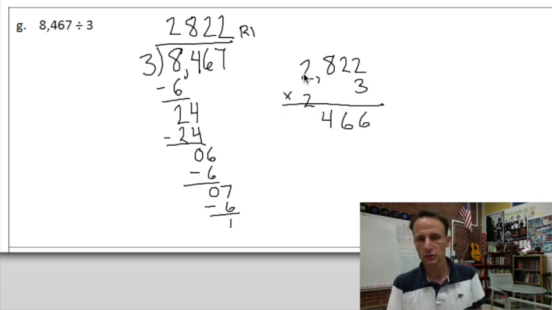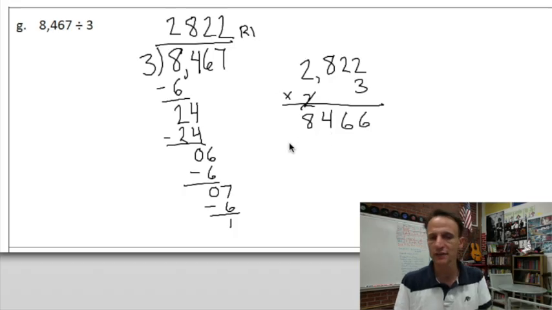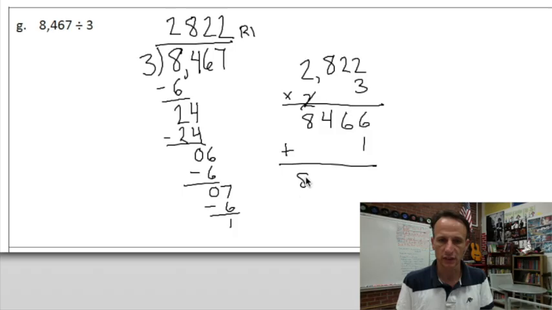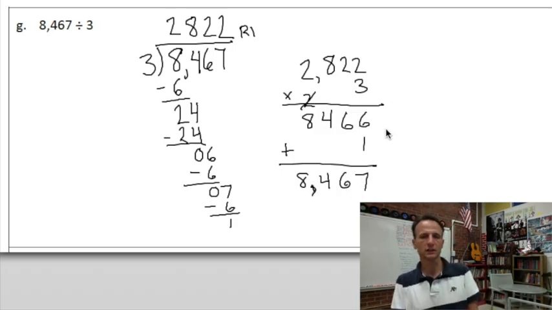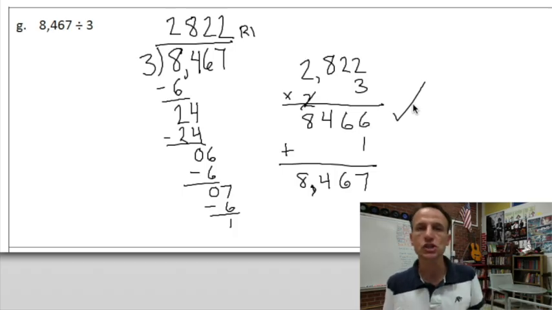And 3 times 2 is again 6, but this time plus 2 is 8. And of course we're 1 away because we have that remainder of 1 to add in, which we could see, without really doing addition per se, is 8,467, which is what we wanted and expected. So it checks out. Let's go see about 1H.